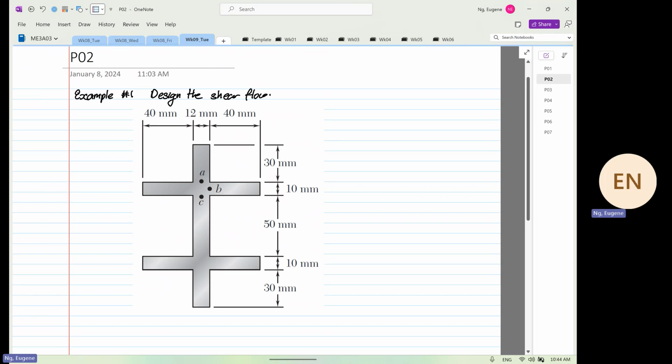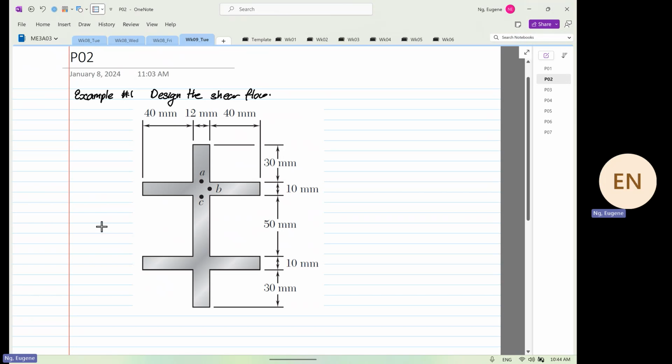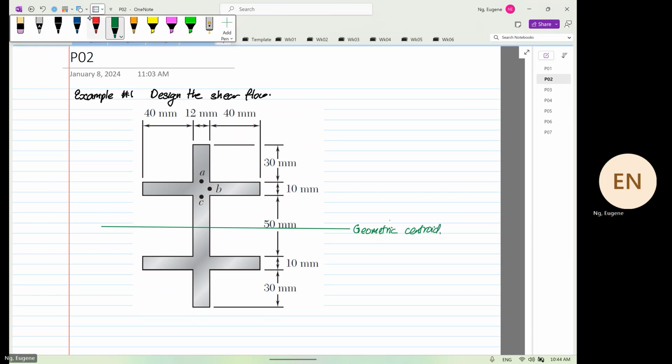The first thing when we design the shear flow, we sketch our centroid. So I'm going to assume somewhere around here is our geometric centroid. We're going to apply the rule where the major web controls the shear flow.